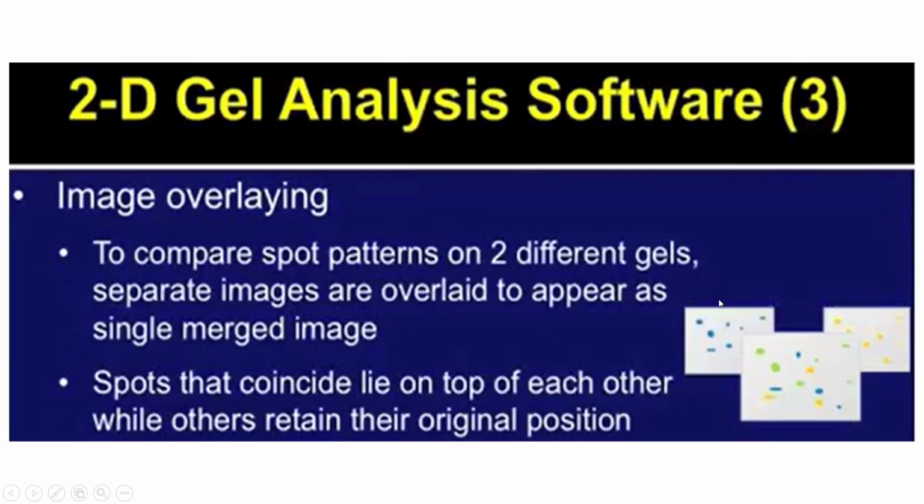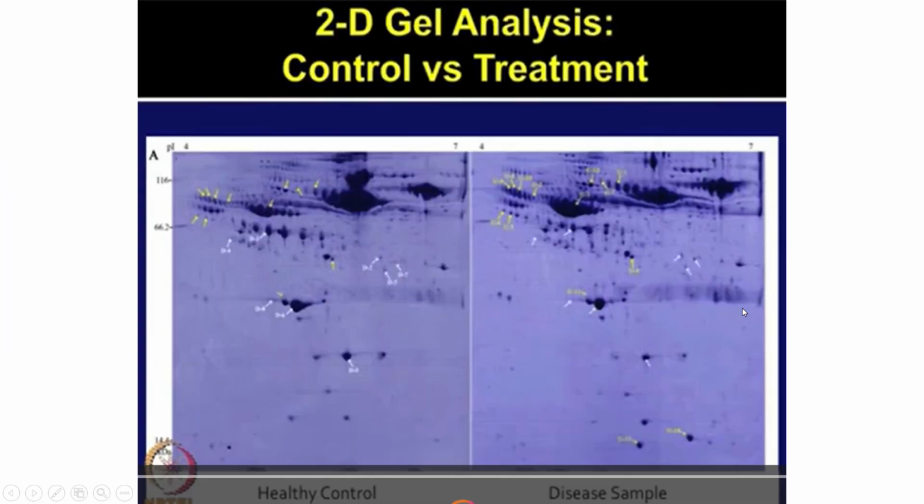You can compare this spot with this spot with this spot. Blue and yellow mix together to become green here. So this is present in both samples, whether this is uniquely present in this sample only, or whether this is uniquely present in this sample only. That's what overlaying will help you understand.